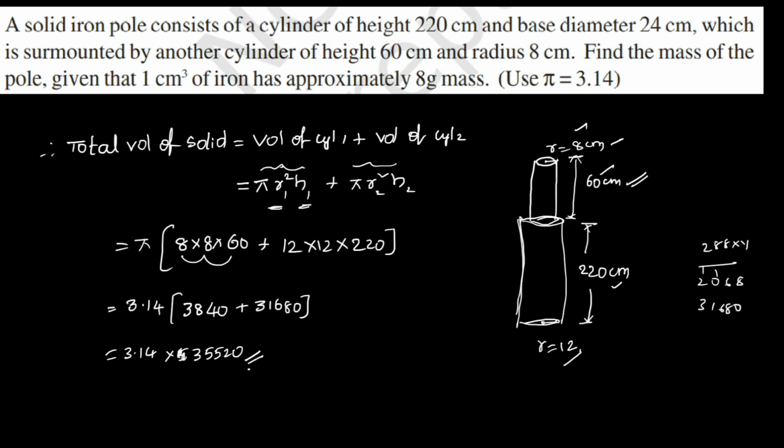weight, we have to multiply with mass, I mean 8 grams. Okay, so total mass is equal to volume into density. So 3.14 into 35520 into 8.